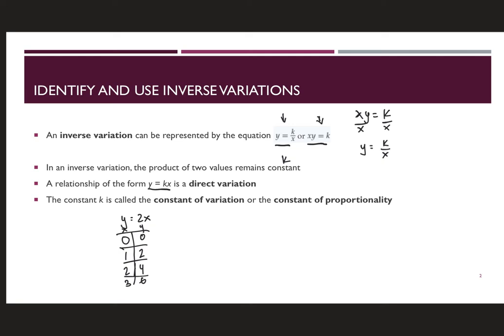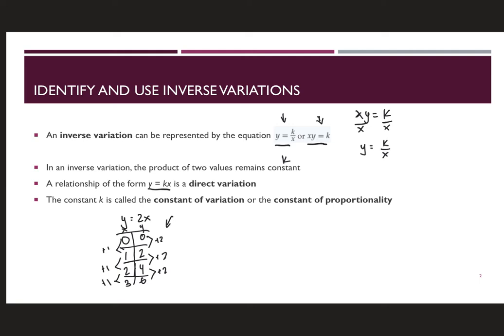Now, in a direct variation graph, both sides of this table are going to increase by either addition or subtraction at a constant rate. So this one was plus 1. This is plus 1 as well, and plus 1. Plus 2, plus 2, plus 2.